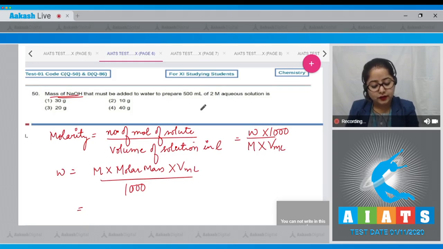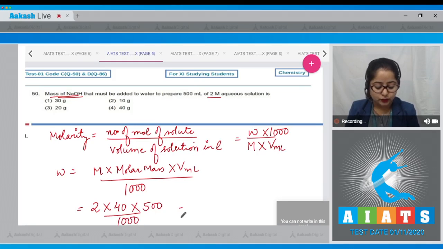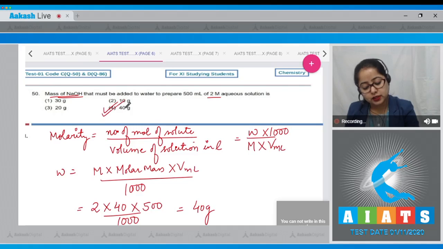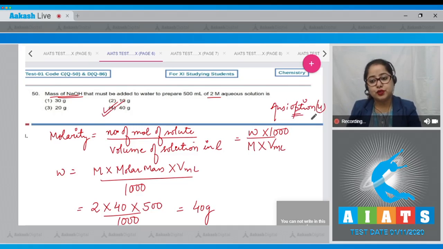The molarity we are given 2 and the molar mass of NaOH is 40, and then we have to write the volume in ml, which is 500 ml already given, divide by 1000, which is equals to 40 gram. That means the correct answer is option number 4. Moving to next question, students.